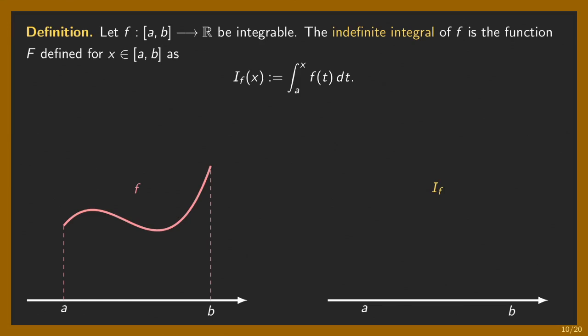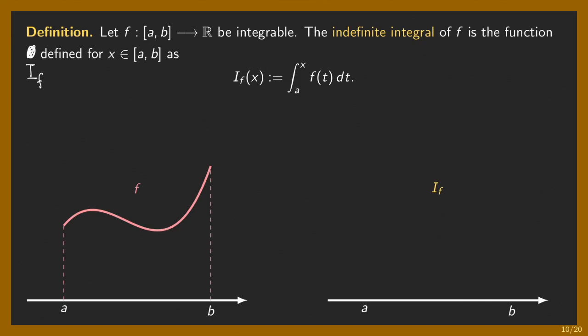Okay? To illustrate what the indefinite integral of f is, this is wrong. I think there's a correction here. Here it should be f. I symbolize it as If. Okay? So, to illustrate, remember, if your function is continuous, the integral is like an area, right?